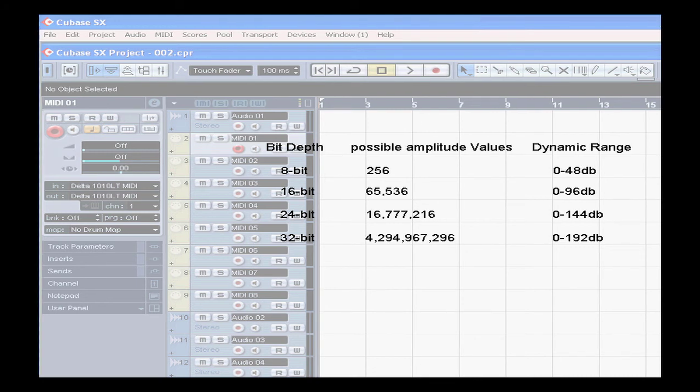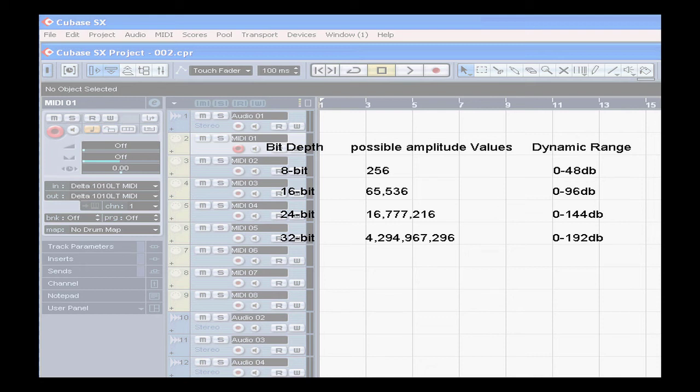Let me explain a little bit about the differences in quality between the bit depths I've mentioned above. 8-bit gives us 256 possible amplitude values and 0 to 48 decibels of dynamic range. 8-bit is commonly used on the internet to keep your file sizes small. 16-bit depth, 2 to the power of 16, offers you significantly greater possibilities.